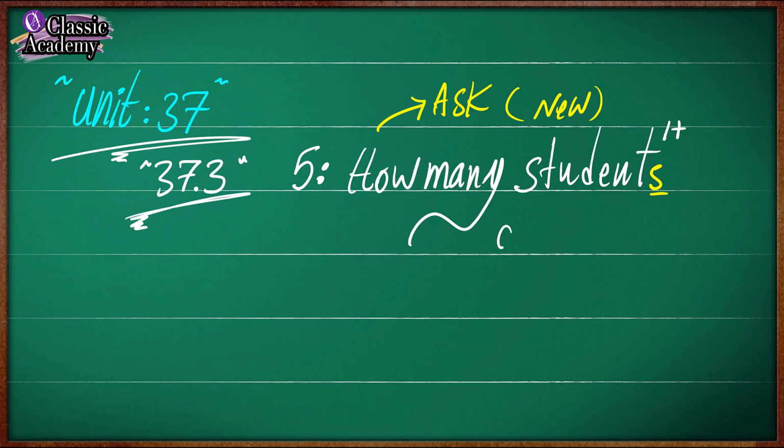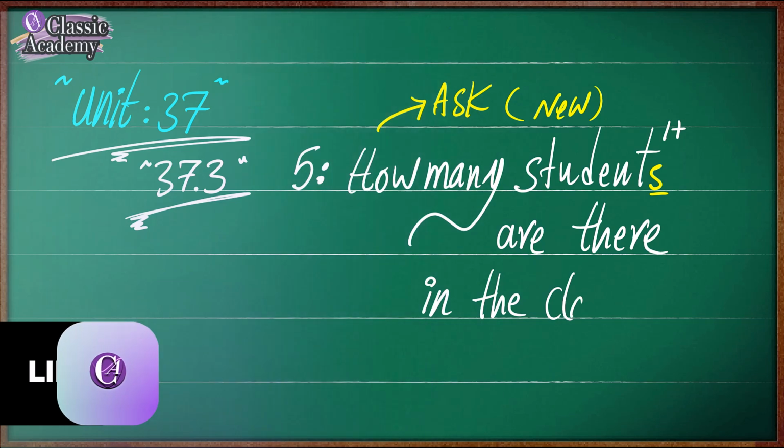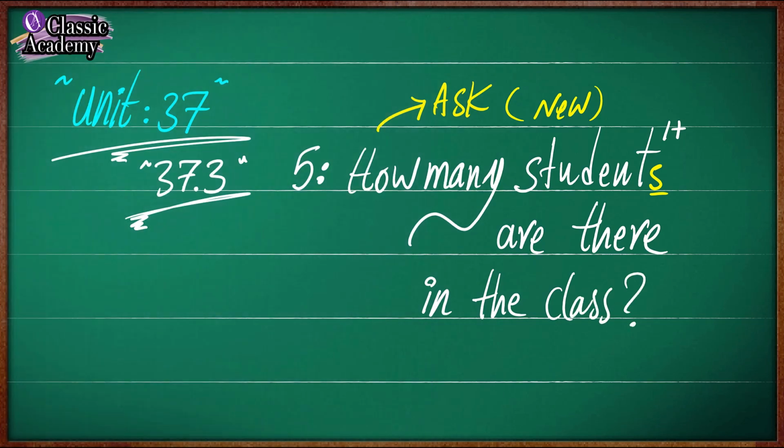We say, are there? Yes, are there? Well, in the class? Yes, of course, we can say. In the school? Yes, of course, we can say, are there in the class? Okay, this is it. And then you see and hear it says E. But before that you say 20.